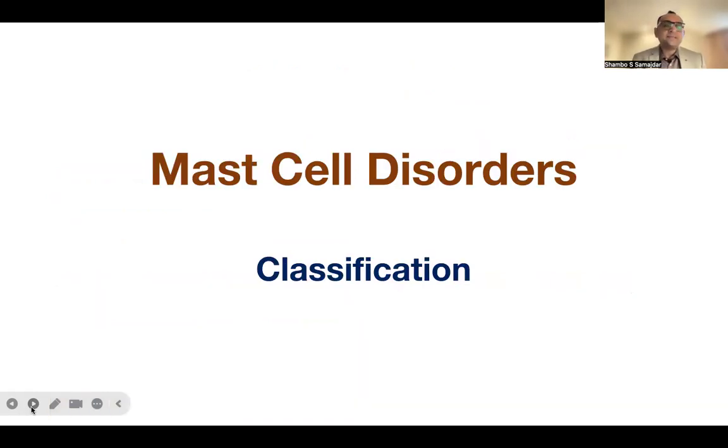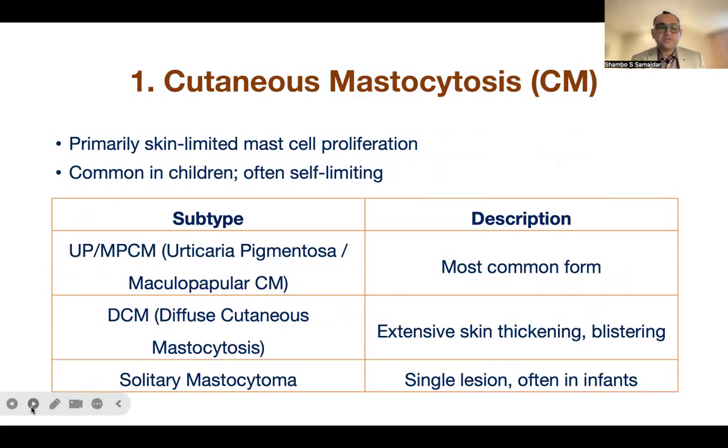To simplify mast cell disorders, if we want to classify, this is a simplistic classification. Cutaneous mastocytosis is primarily skin-limited mast cell proliferation, common in children, often self-limiting. And there could be certain subtypes. For example, the most common form is urticaria pigmentosa, previously known as, or currently also known as, maculopapular cutaneous mastocytosis.